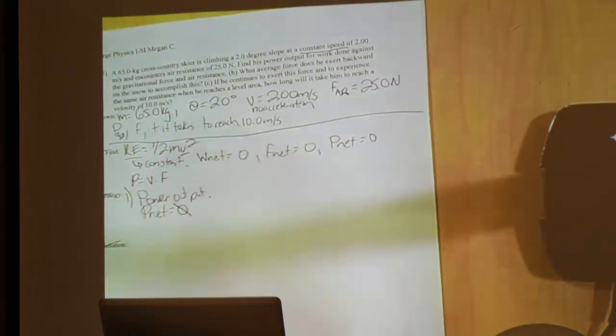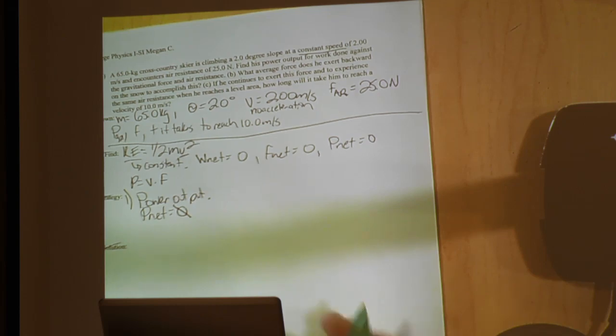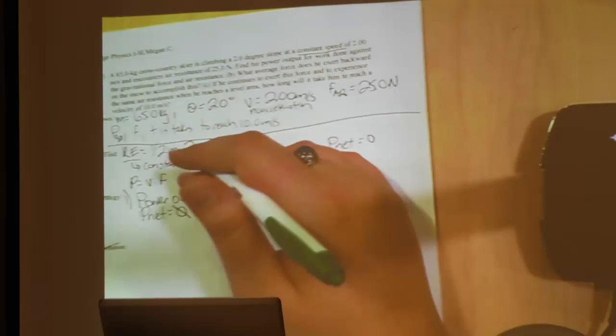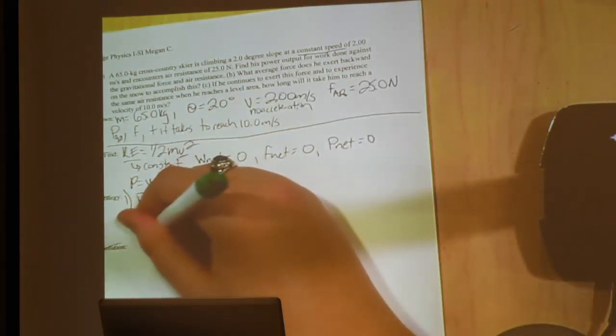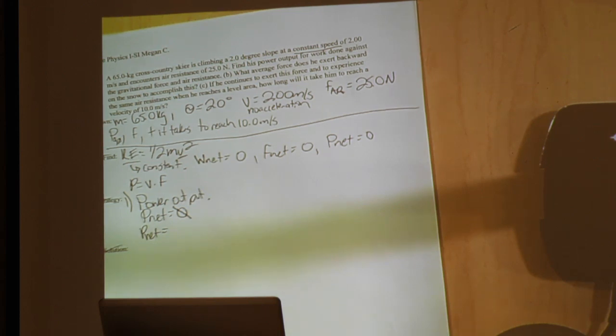We remember that P net is going to be 0 here because, like we said, kinetic energy is constant, which means that our power is going to be constant. So to find the power net, we need to consider all of the things at play here. So we know that we have the power that is applied by what? What's the object that we're looking at here? The skier, right?